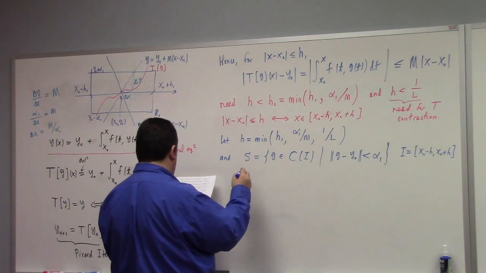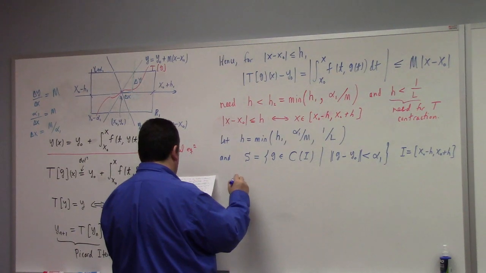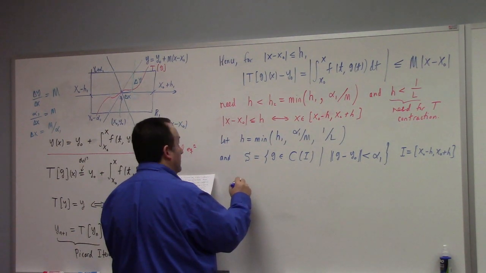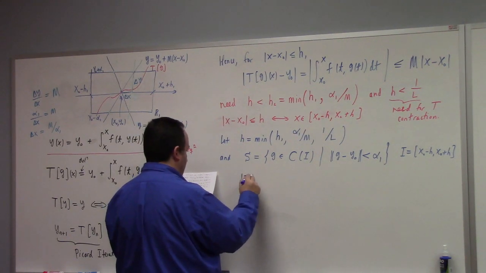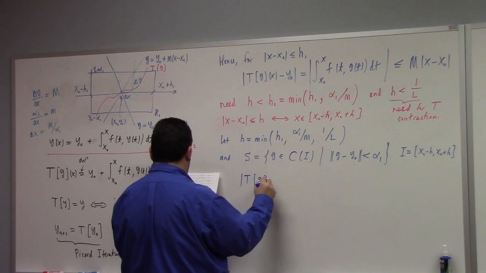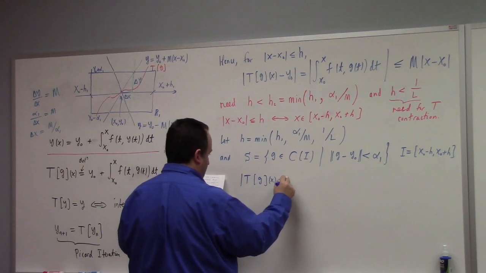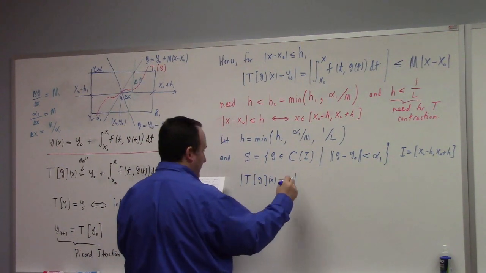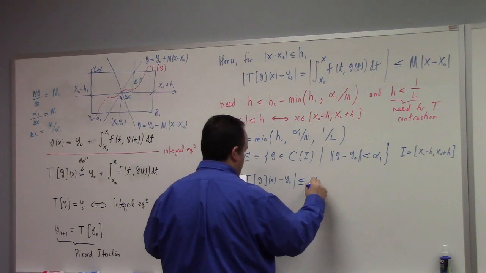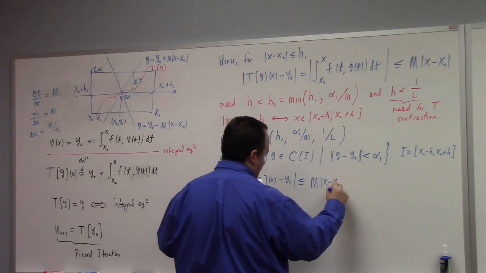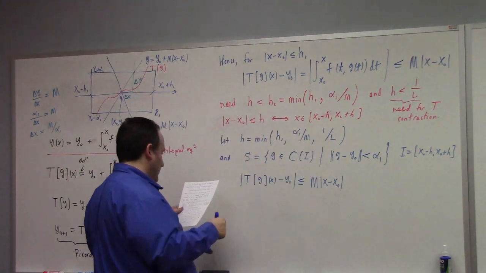One of the things I should notice is that if we look at the absolute value of T of G of X minus Y naught, that's less than or equal to M times the absolute value of X minus X naught. We did that before, up there.